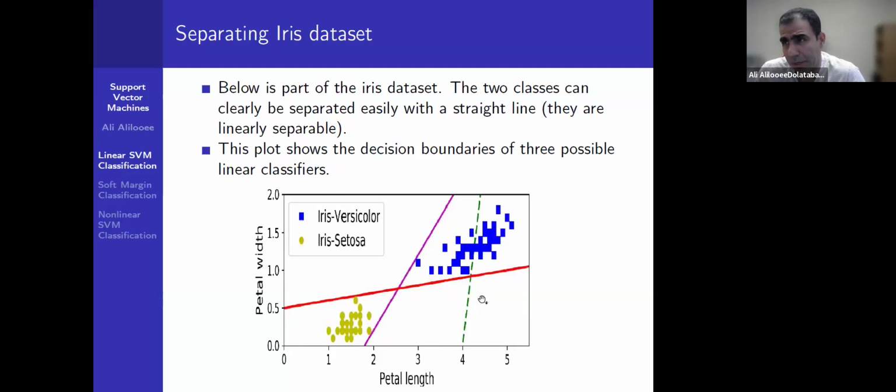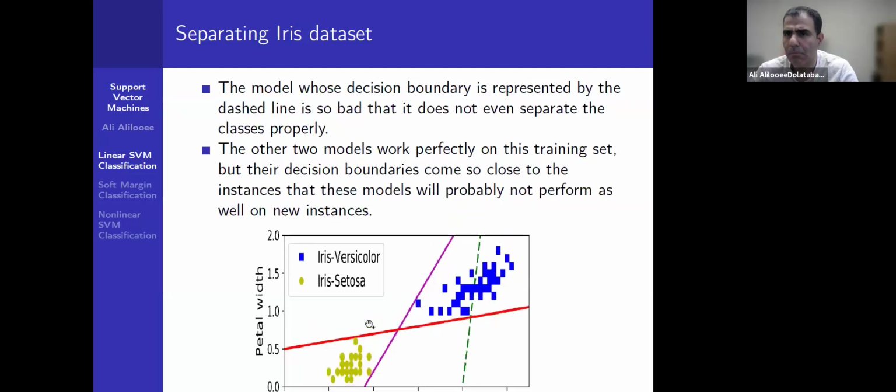This green line is not appropriate at all because it doesn't split the dataset into 2 groups. But with the red line and the purple line, we can separate this dataset into 2 different classes. The model whose decision boundary is the dashed line is so bad, and the other 2 lines perfectly split the dataset into 2 different classes.